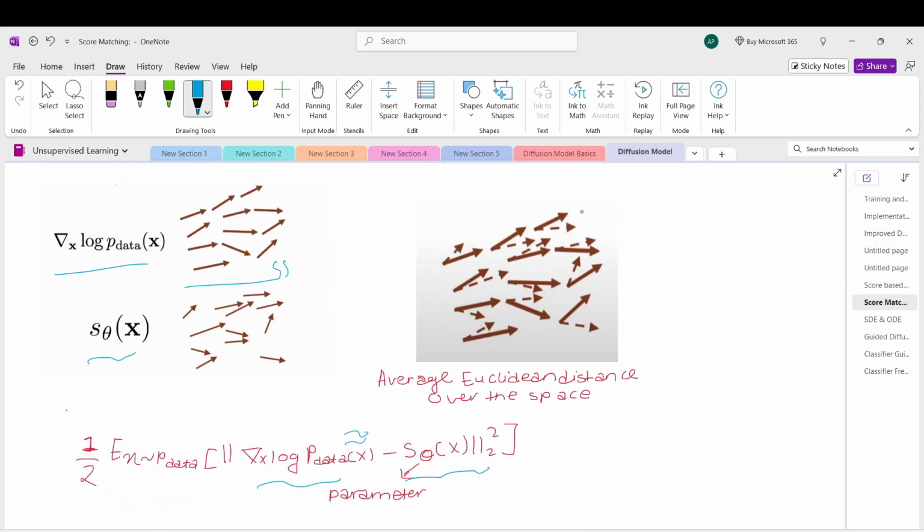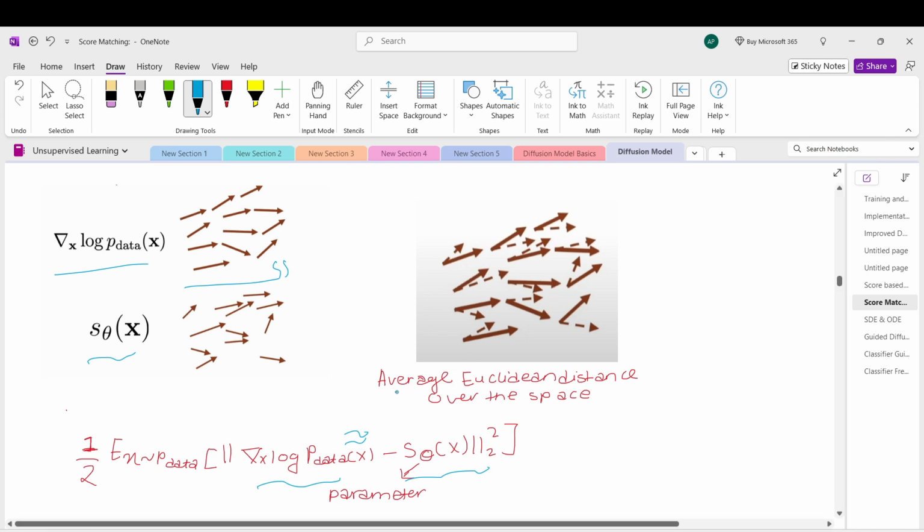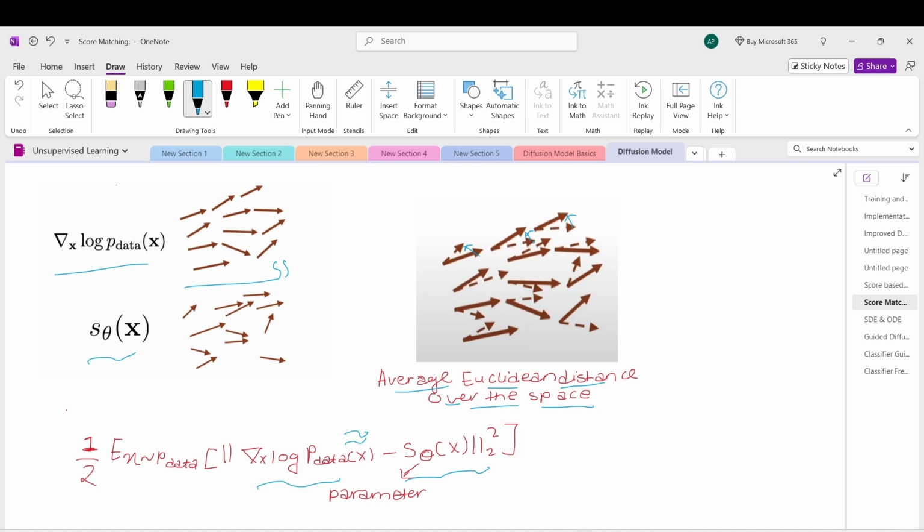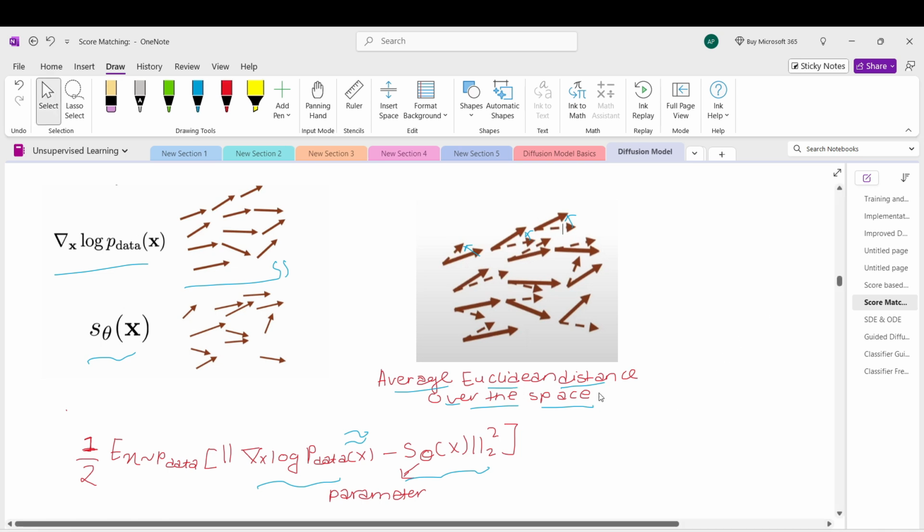So how can you optimize this? This is a vector, so we take the difference between these vectors and then take the average Euclidean distance over the space. We optimize this and make this quantity as close to that quantity, making a vectoral alignment.